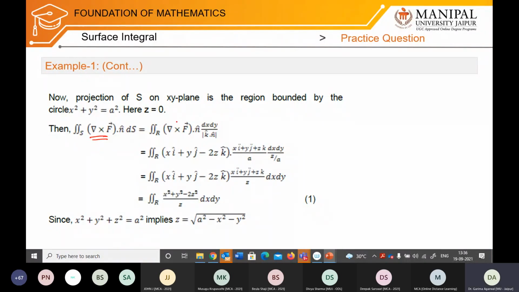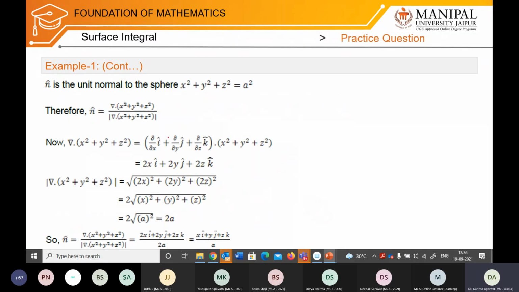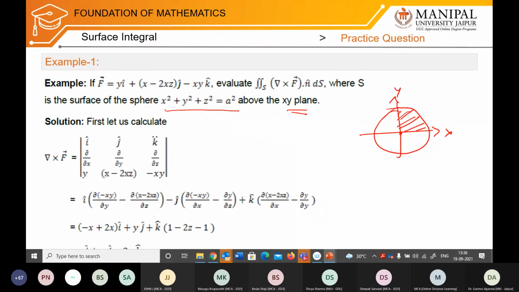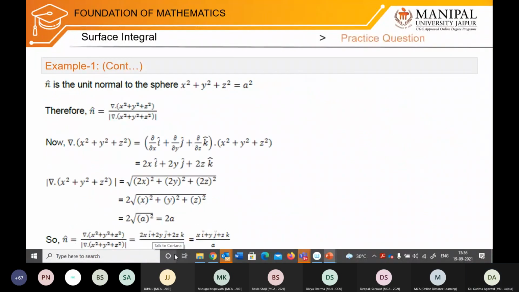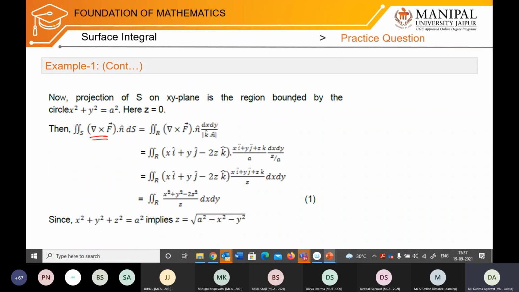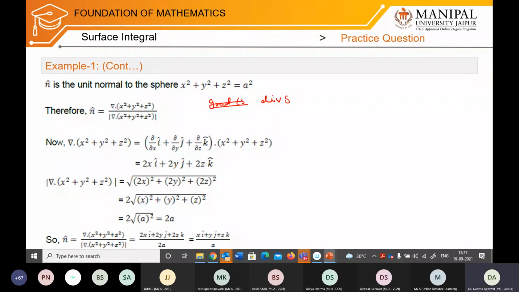First of all, I need to find the curl F. This one is curl F, right? Then we need to find the n cap. N cap is what? Gradient of the surface, not divergence, I mean gradient of the surface, upon mod gradient of the surface, right?